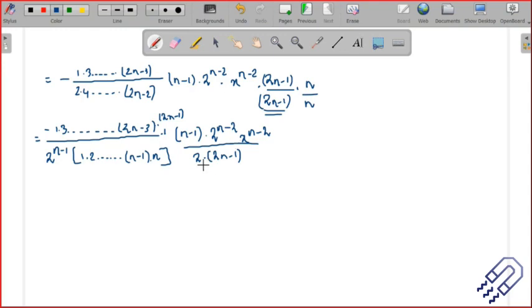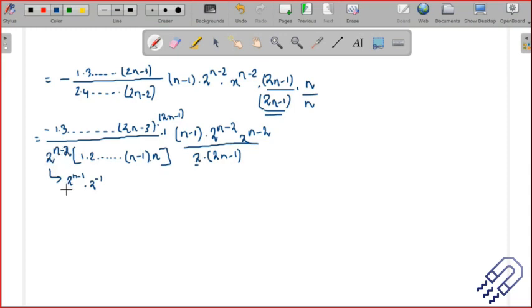So if I write down this 2 here, I can modify this and write it down as 2n minus 2, because this 2 can be written as 2 to the power n minus 1 into 2 to the power minus 1. So this 2 to the power minus 1 and 2 to the power minus 1 will actually get cancelled, and I will get back 2 to the power n minus 1.